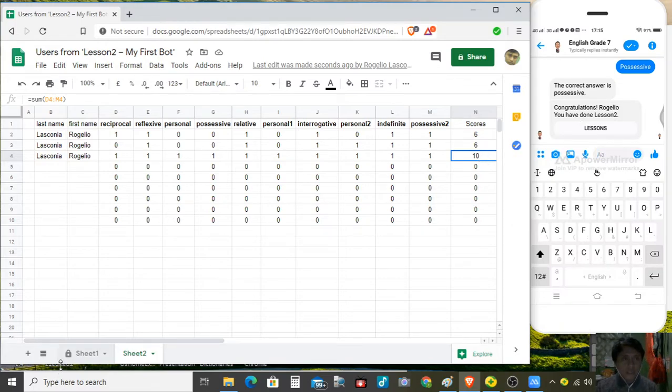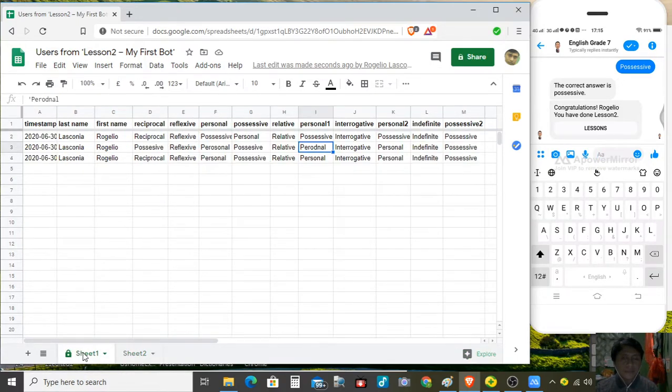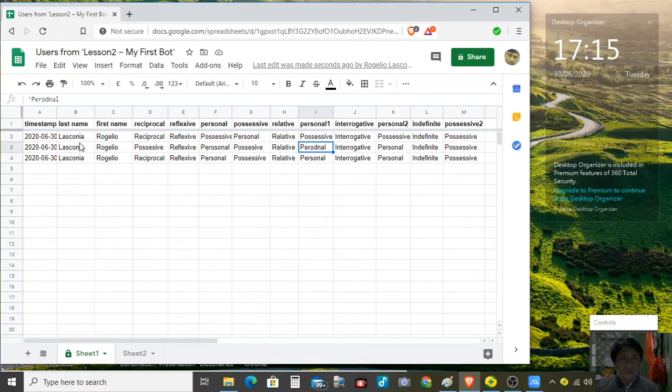As I recall, in this integration, in sheet 1, these are the responses of our student. Bear in mind that when we do the integration, we define the attributes. For example, possessive: another answer possessive must be a separate attribute. Then we have personal, personal, personal.